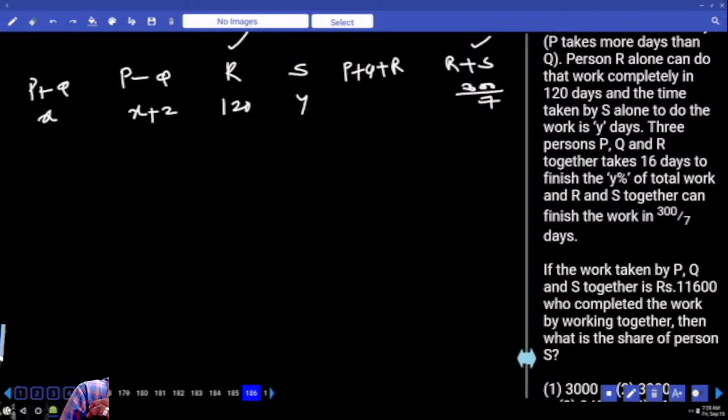ఏమొస్తుందన్నా, 300/7 into 120/120 minus 300/7.